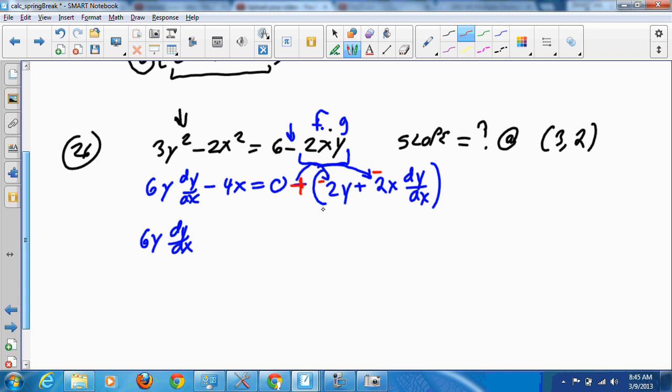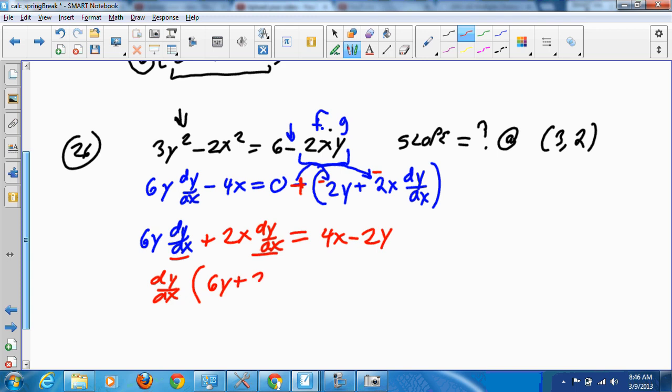Moving everything over, you move a negative 2x over, it becomes plus 2x dy dx. And then let's move this minus 4x over to the other side by adding it. And we have a negative 2y. Factor out the dy dx term. So we have dy dx times 6y plus 2x equals 4x minus 2y.